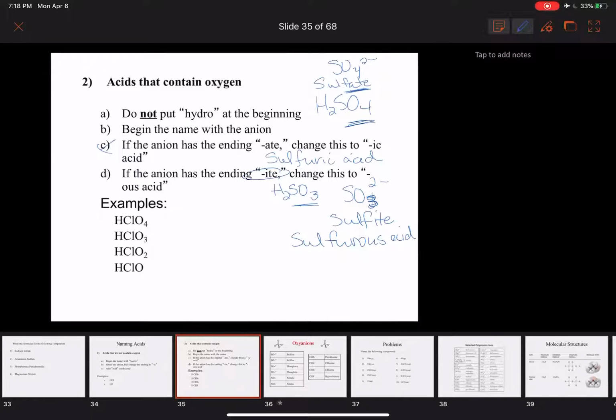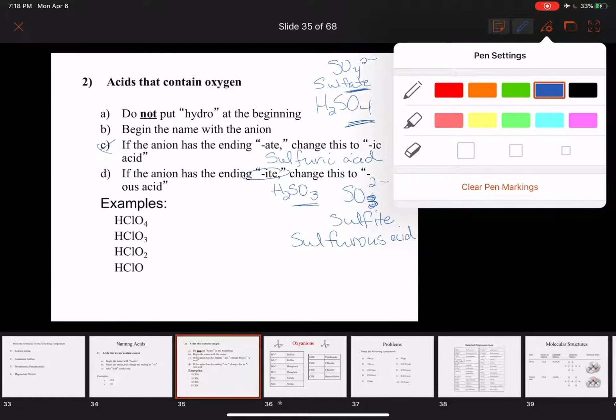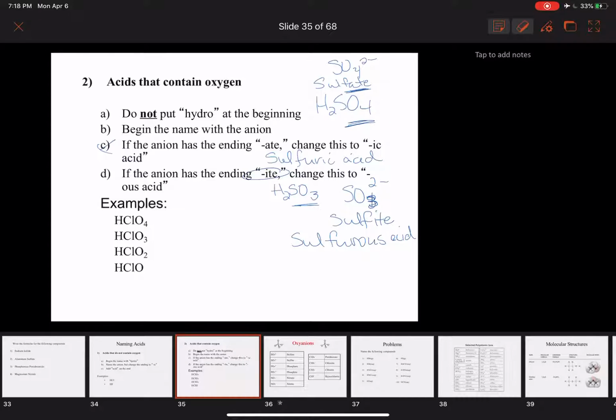Okay, so some more examples here at the bottom, and I'm going to start with one of them in the middle, HClO3. So if you remember this set right here, we talked about how the ones in the middle, these two, have the ending "ite" and "ate."